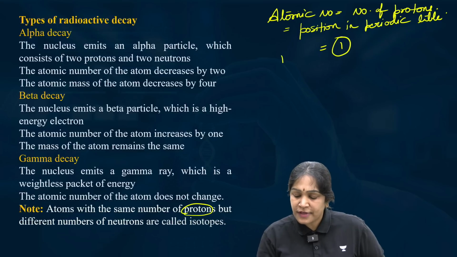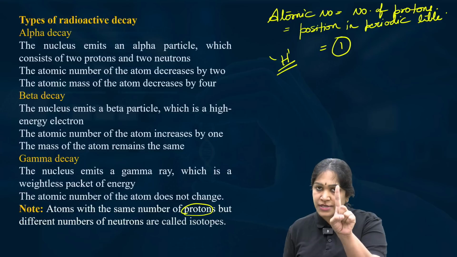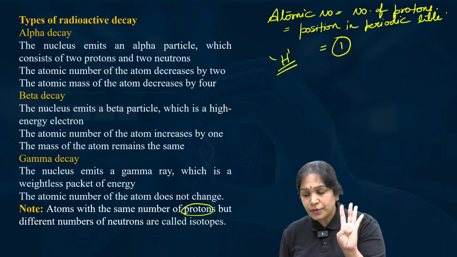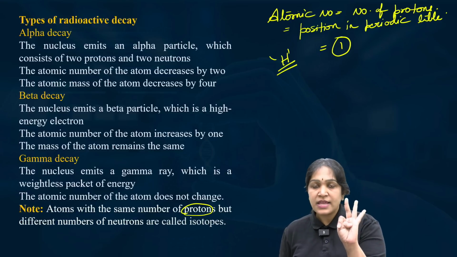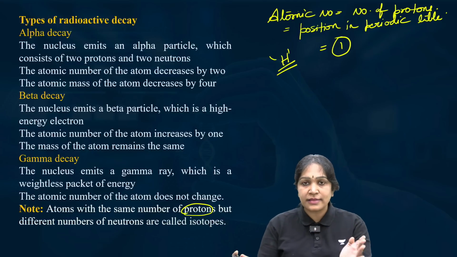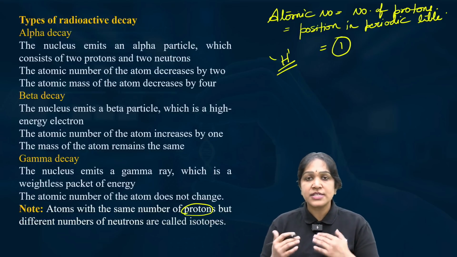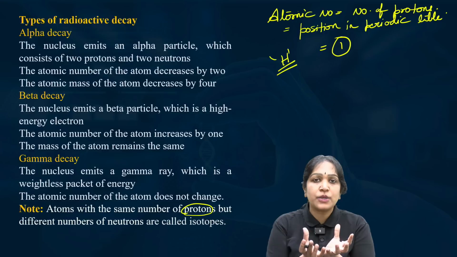I mean, for hydrogen, all the 3 are 1. The atomic number of hydrogen is 1. The number of protons in hydrogen is 1. Its position in the periodic table is first position. So all the 3 mean the same. So an atom which is having just 1 proton will be lightweight.